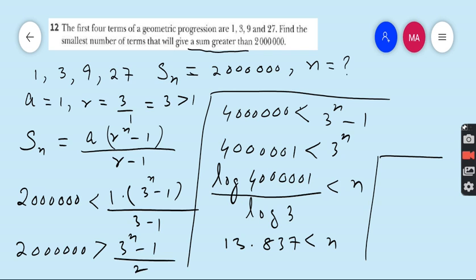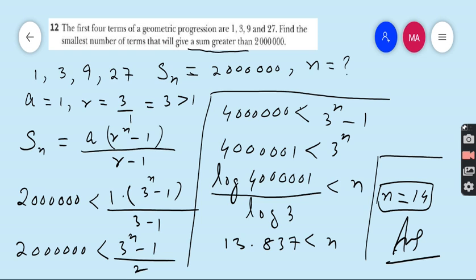And you know the number of terms cannot be written in decimal. So the first whole number after 13.837 is 14. This is our final answer. Sorry for that, I put the wrong inequality sign, but I have corrected it. So very easy question, very interesting question as well.